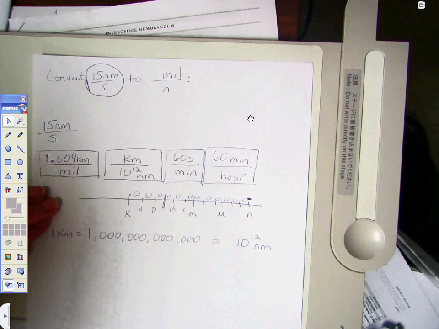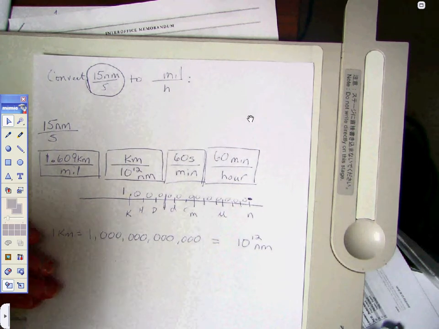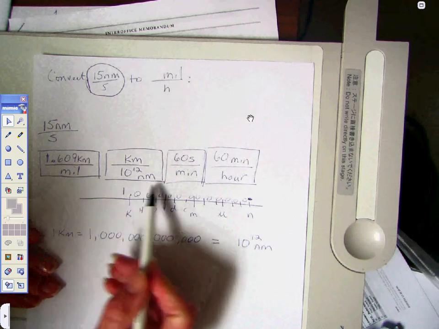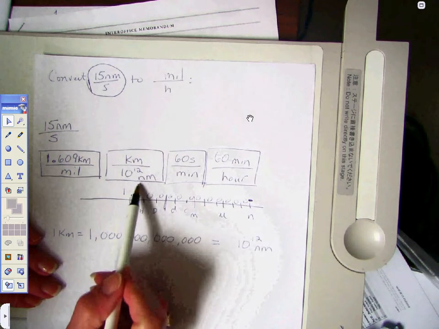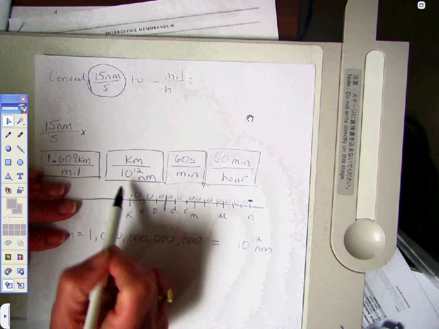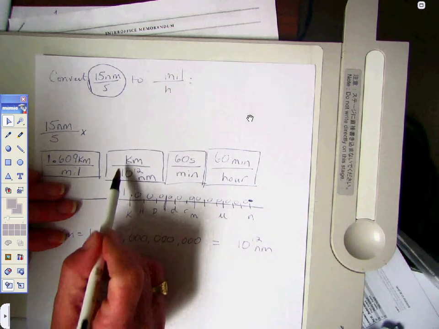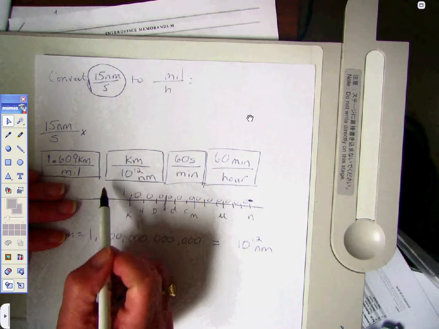But let's see. I'm going to work on nanometers. I want to get rid of nanometers first. So which one of these conversion factors contains nanometers? That would be this one. So I'm going to put that here, but I have to ask myself, am I going to leave it in this form, or am I going to flip it upside down?